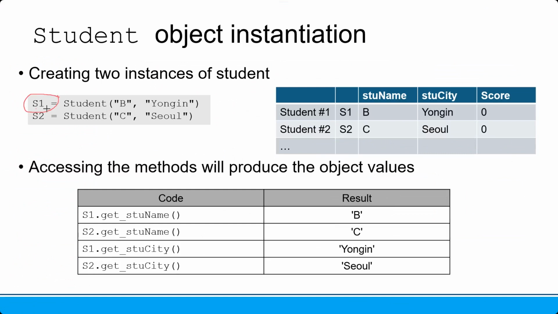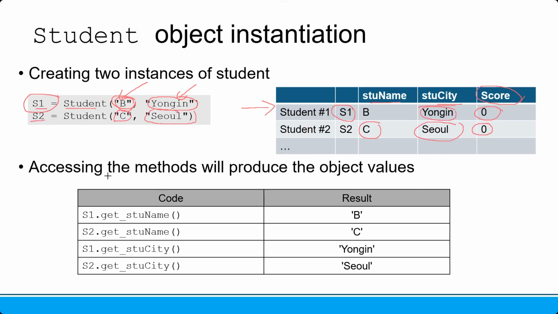Let's say S1 equals Student, and because we have two arguments in this Student, we need to put two: the student name and the student city. When we create S1, the student name will be B and the city will be Yongin, and the score will be 0. When I create S2, the student name will be C, the student city will be Seoul, and the score will be 0.